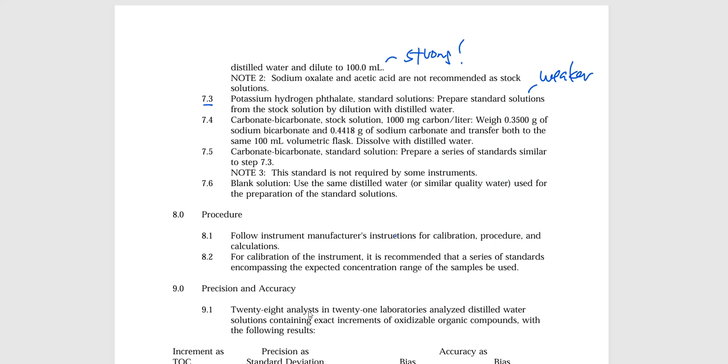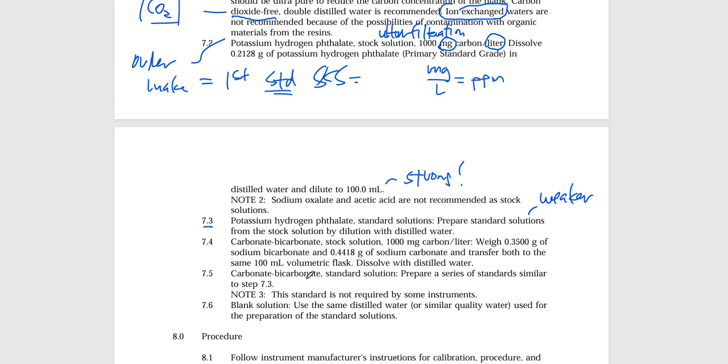So we start somewhere, and that is with our original standard that we've made in 7.2, and then 7.3 says now weaken them down. So again, my SOP is going to somewhat tell me that. It's going to kind of walk me through how to weaken these down, what measurements should I be using, how should I be pipetting, how should I be taking them to the line on the volumetric flask.